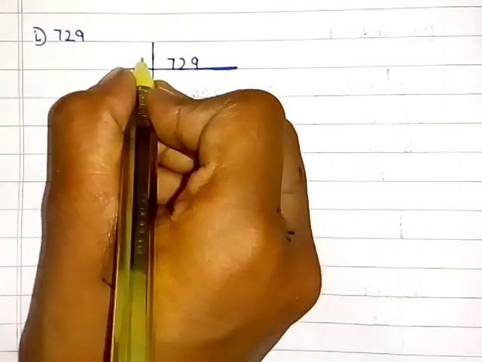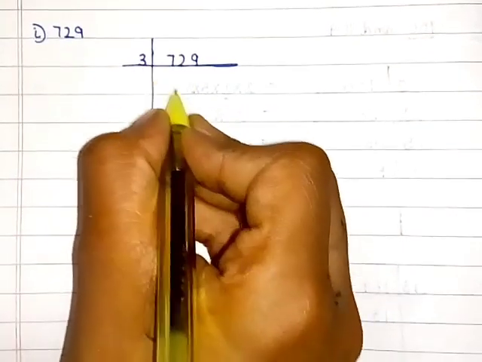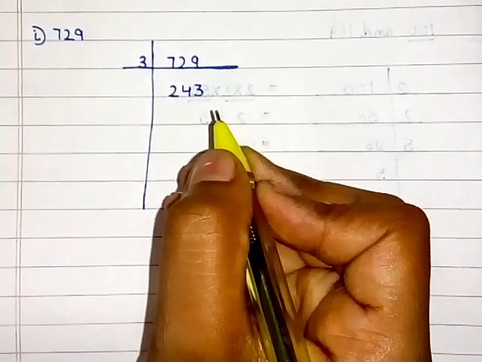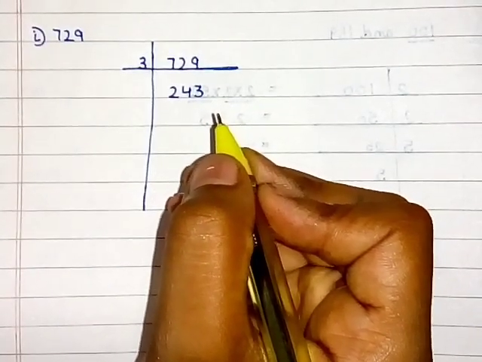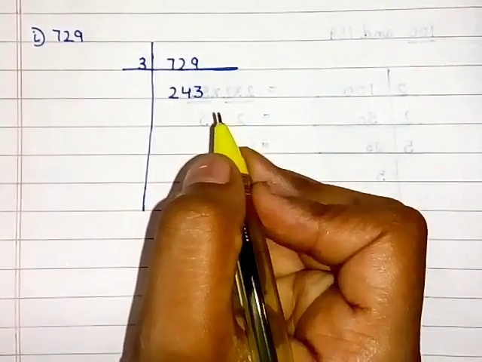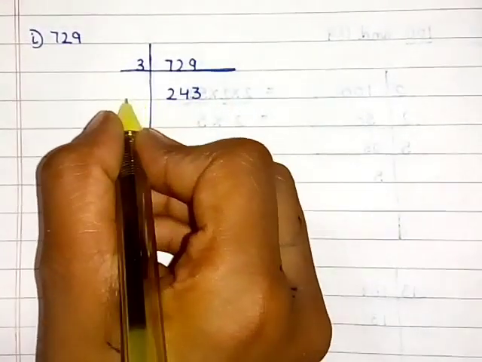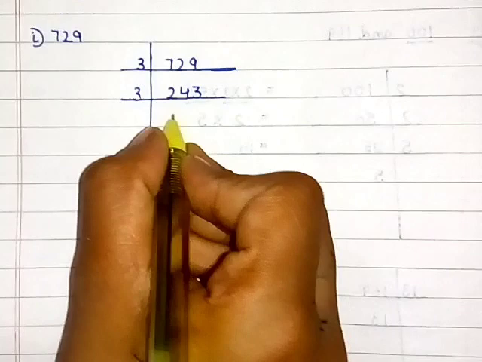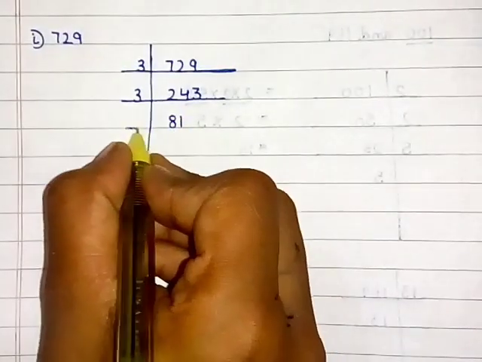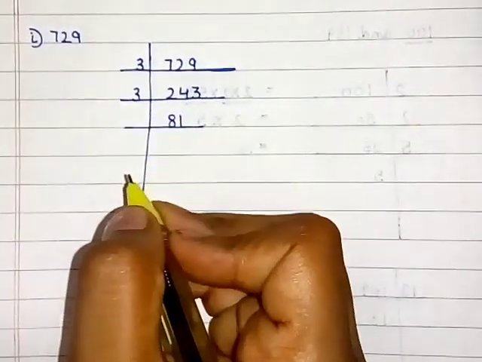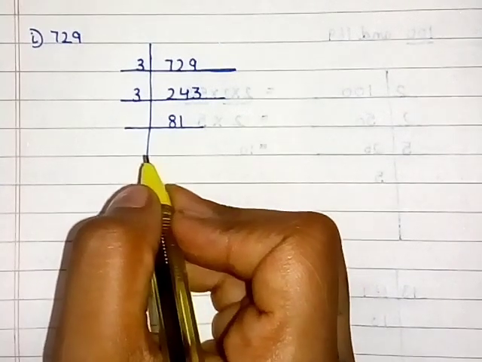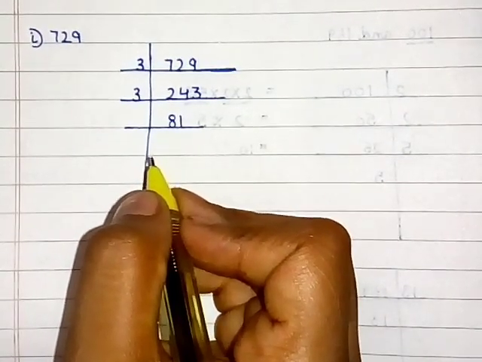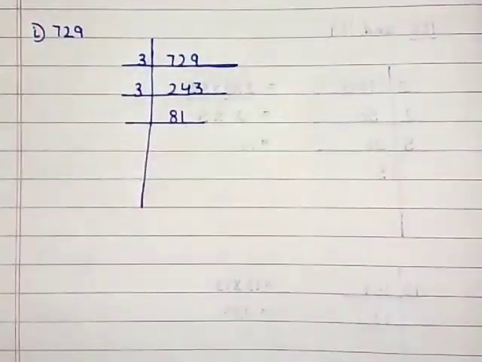729 divided by 3, we get 243. Can 243 be divided by 3? Yes. We will get 81. Now 81 can be divided by 3, yes or no?